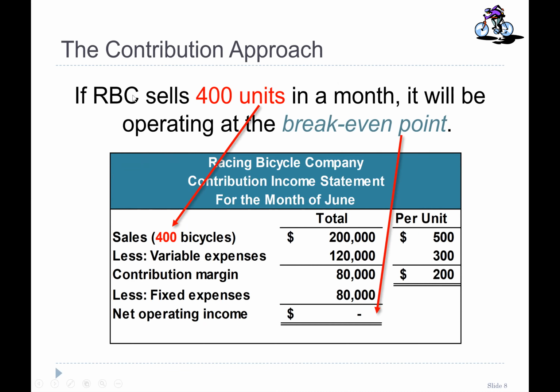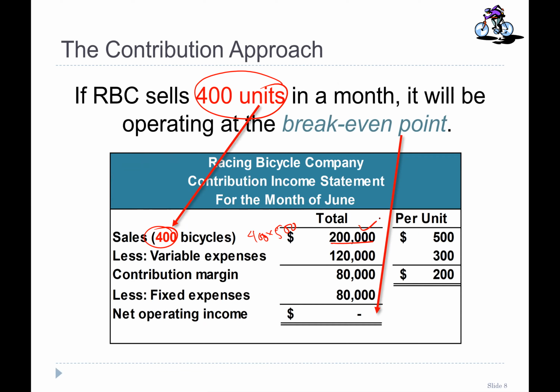If the RBC company sells 400 units in a month, it will be operating at the break even. How? So we know that sales price is 500. Where did this figure come from? 400 multiplied by 500, which is the selling price.